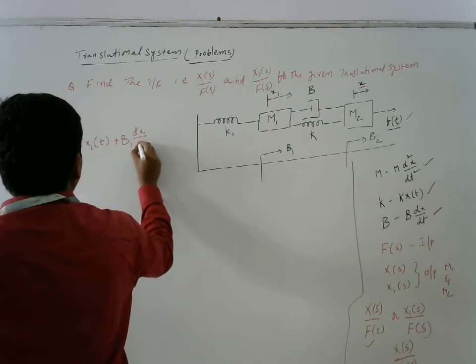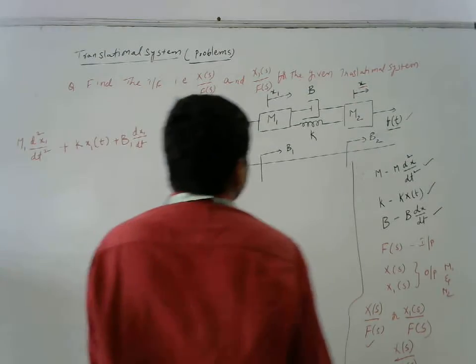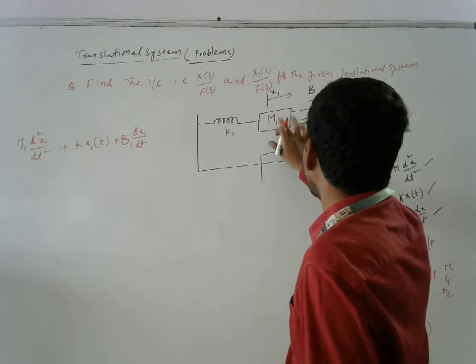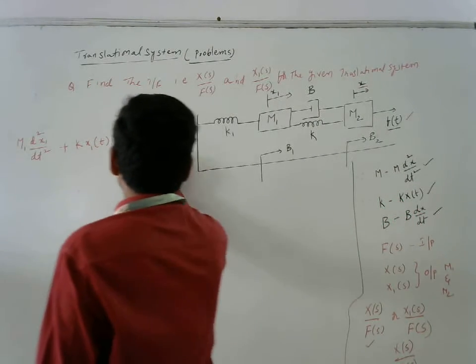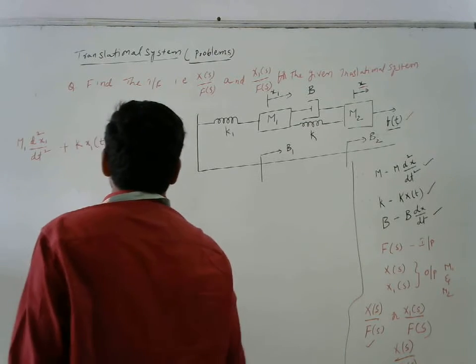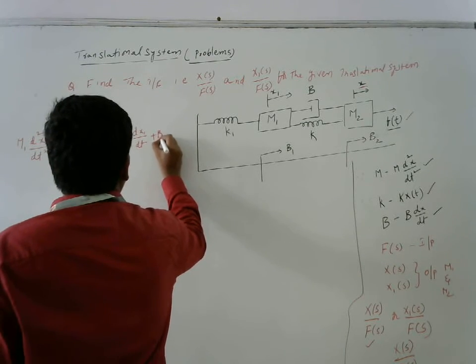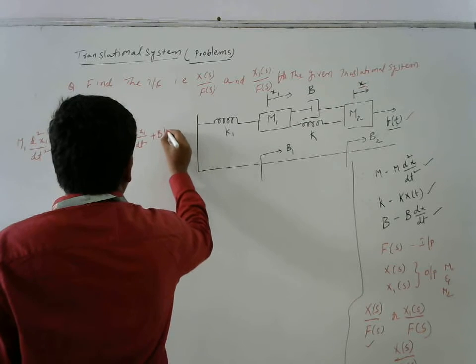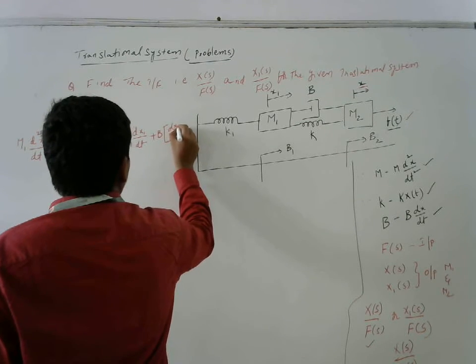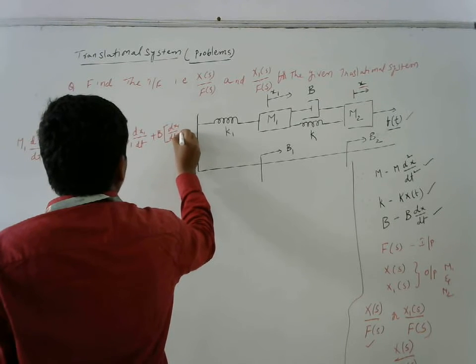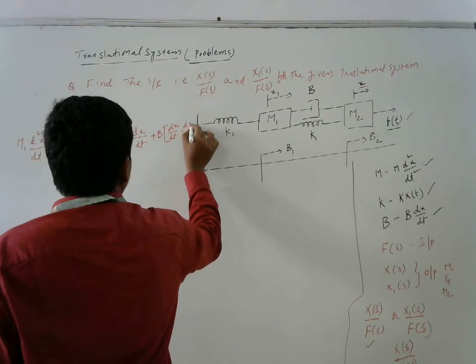dx1 by dt plus, in between mass m1 and mass m2, you are having a damper b. That means in between the two elements, you have to write b into dx1 by dt minus dx by dt.